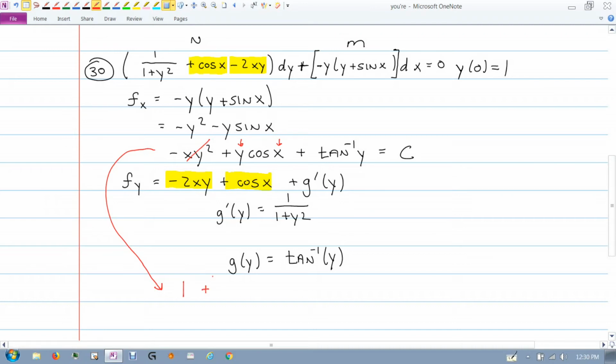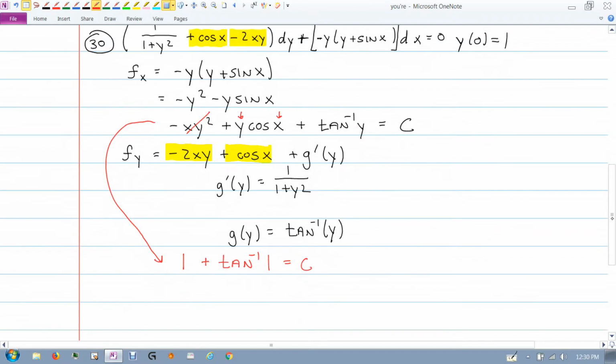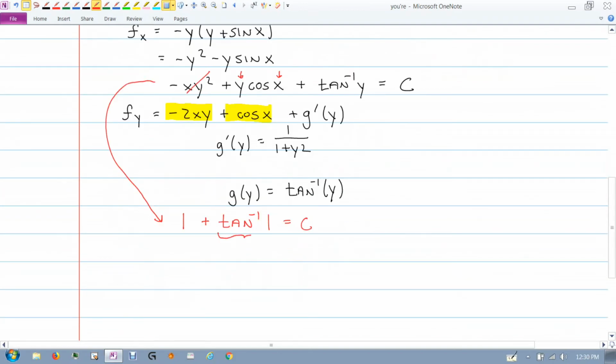Then plus arctangent of 1 equals C, and that's just saying at what angle is tangent 1, and that means the ratio of opposite over adjacent must be equal, and that happens at pi over 4, and then plus 1 out here. So our C should be pi over 4 plus 1.